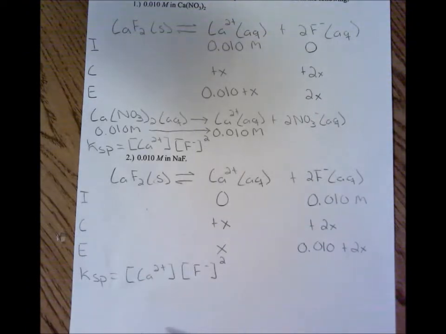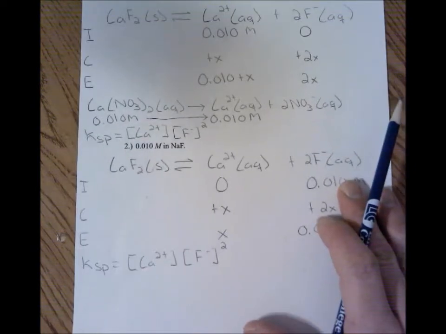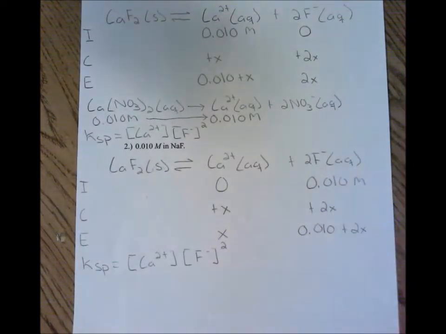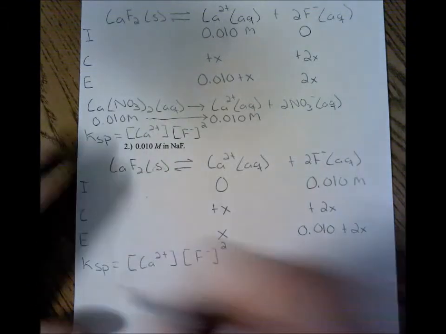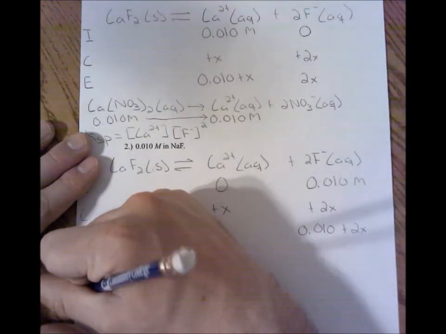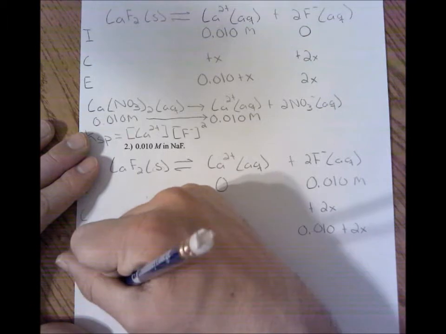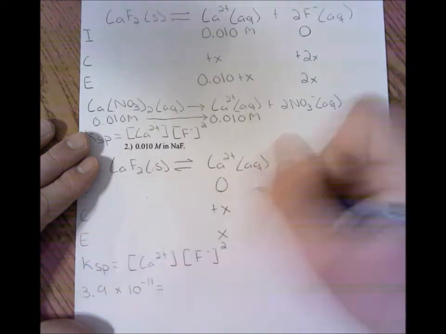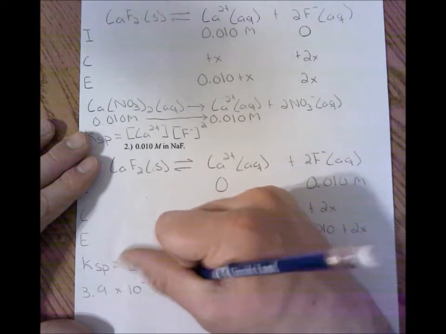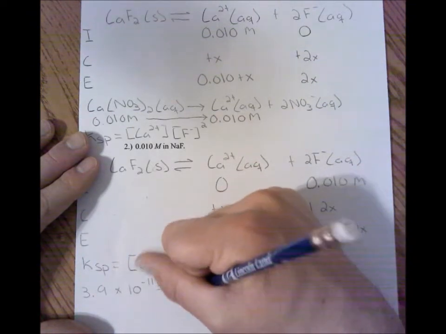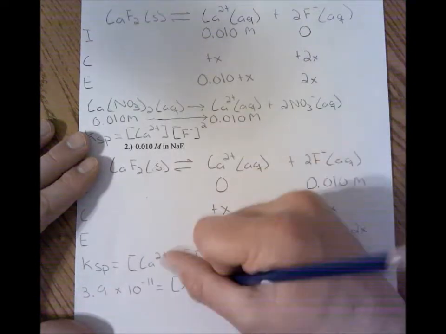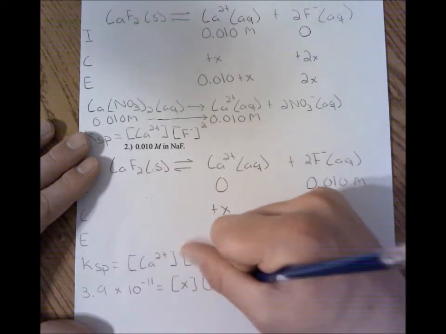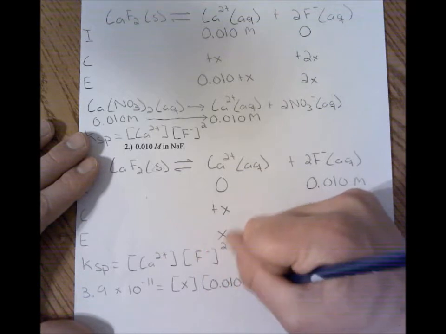Remember, we're still dealing with calcium fluoride, so it's still the same Ksp value. From our previous problem, in the back of the book, we found it to be 3.9 times 10 to the negative 11th, equals our calcium, which is x, times our fluoride, which is 0.010 plus 2x, and we have to square that.